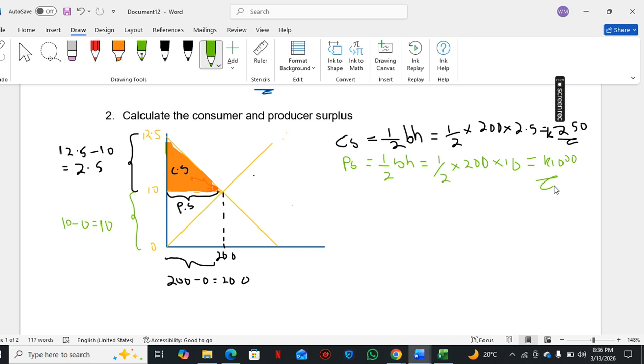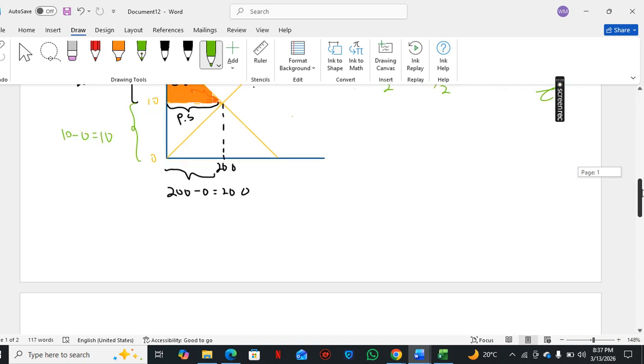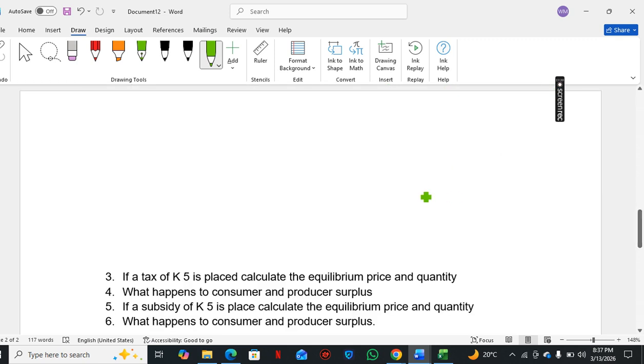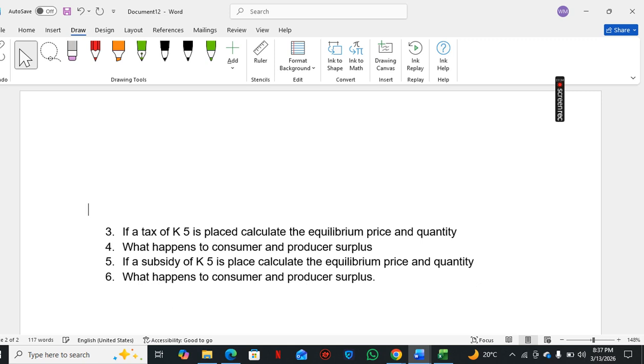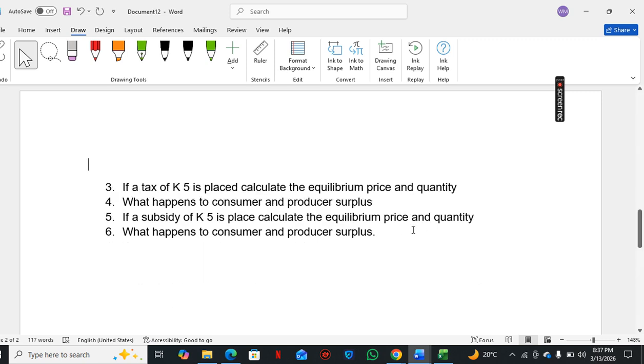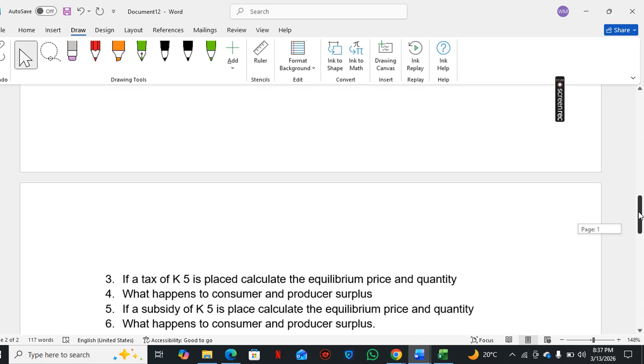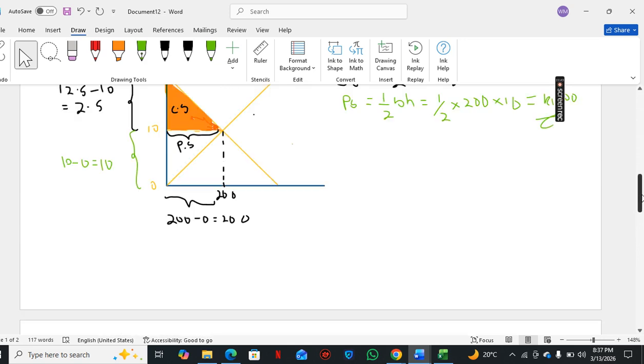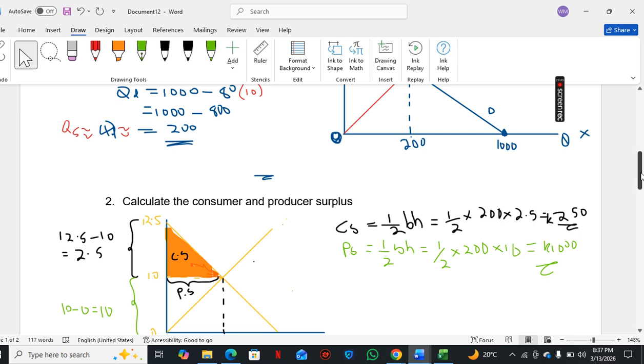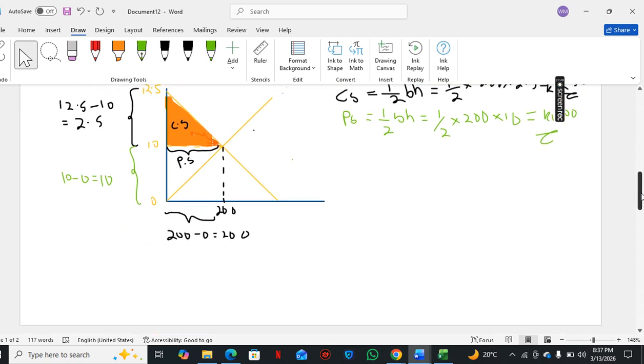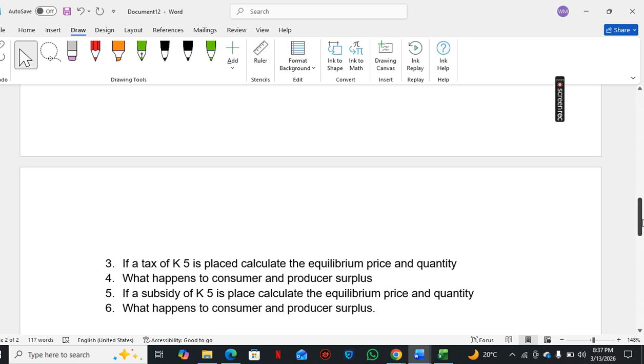Any questions before we move to part 3, where we now look at the effect of a tax. If government places a tax on the producer, they can also put a tax on the consumers.